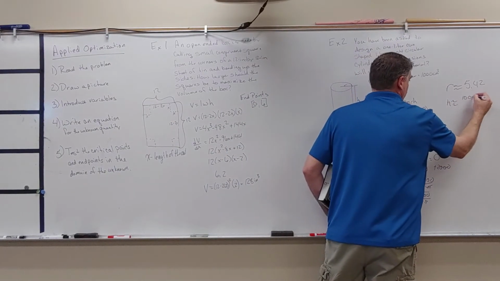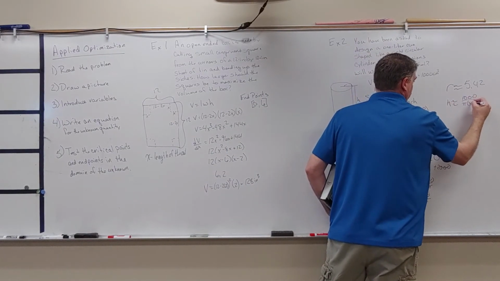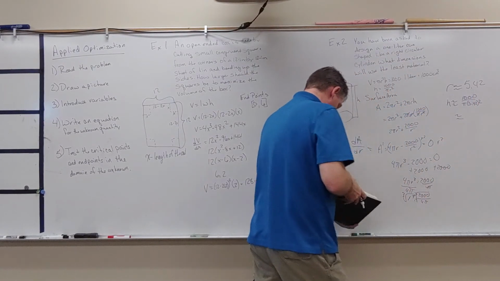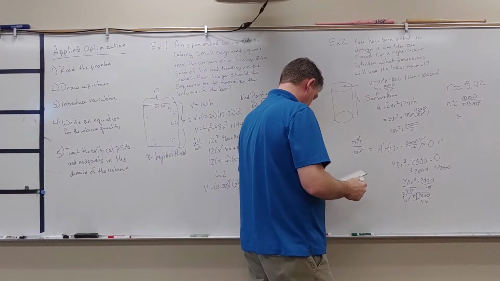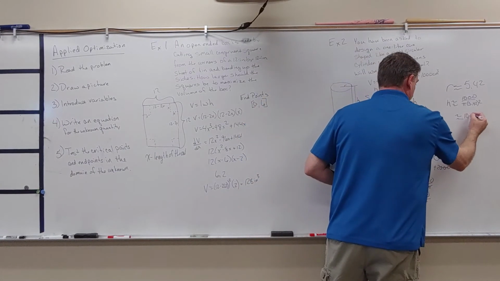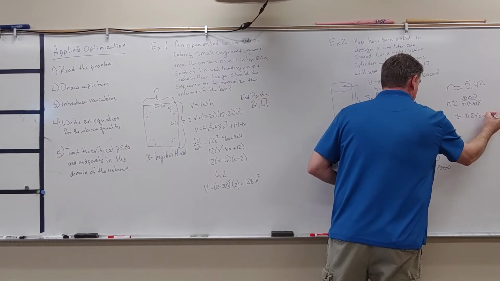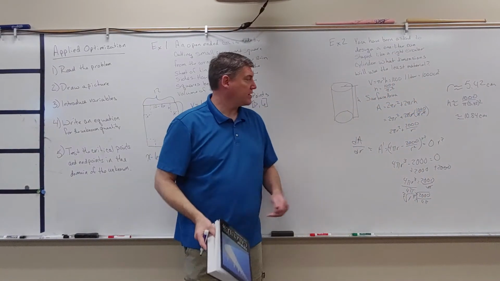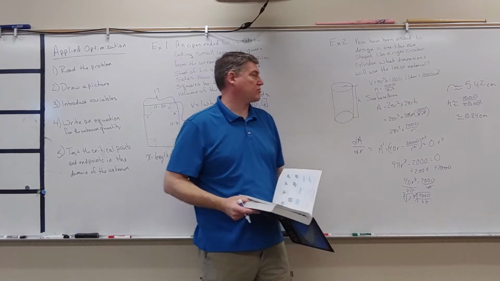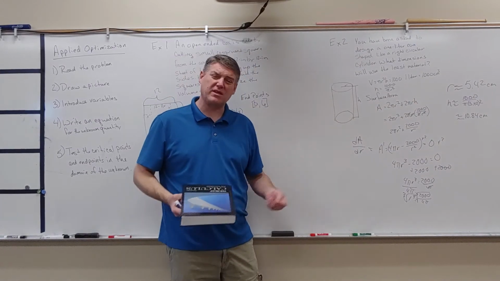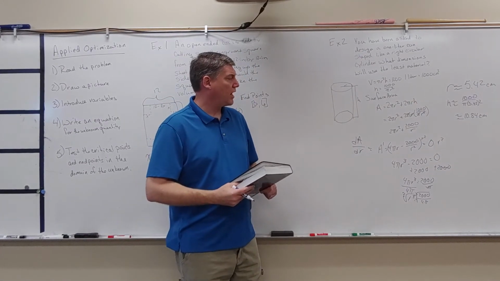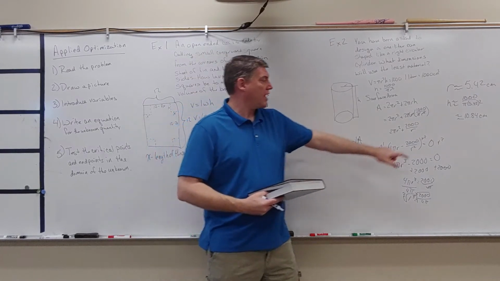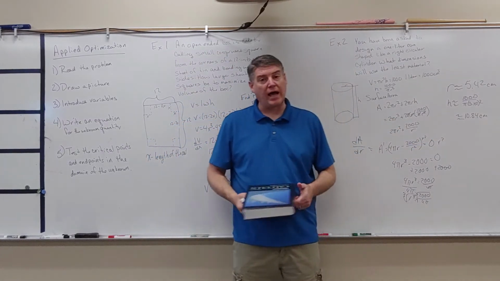So I have 1,000 over pi times 5.42 squared, and I get a height of approximately 10.84 centimeters. So now I have a radius of 5.42 centimeters, roughly about 2 inches. So it's about 4 inches across, pretty big can, and 10 centimeters high.